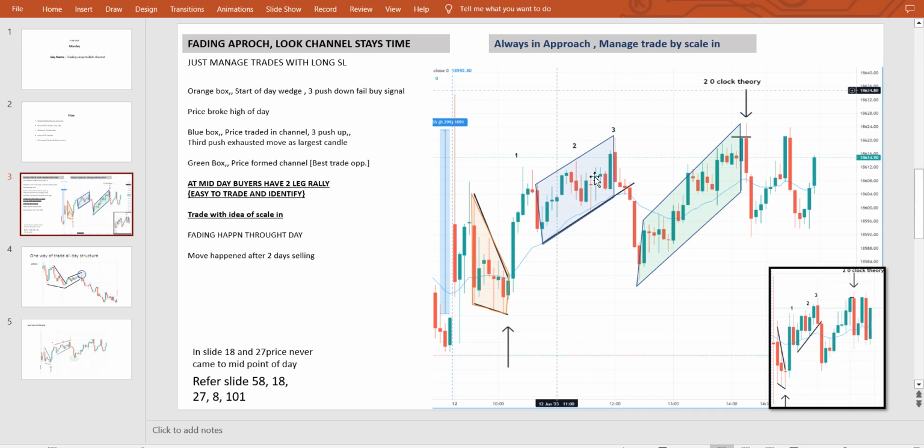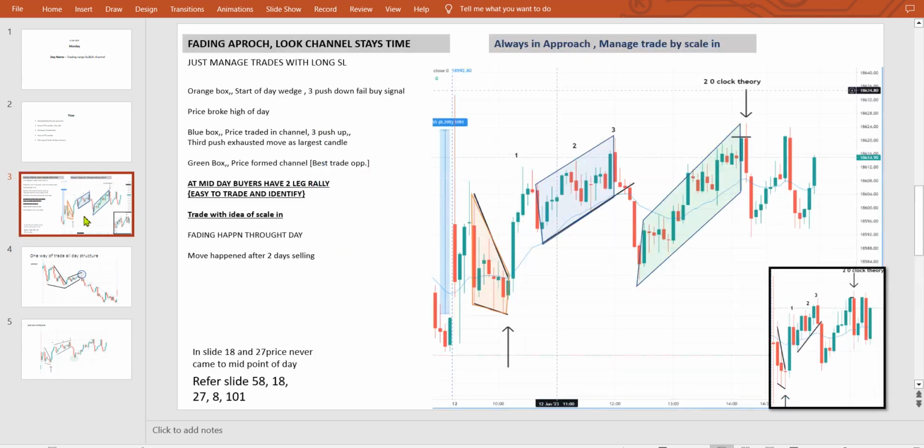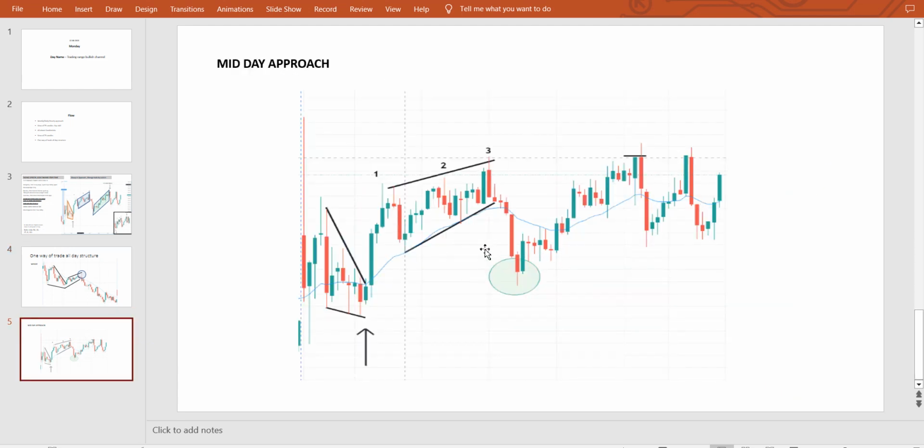Same pullback here is a spike, a red spike, and from the midpoint there is a new bull channel or bearish channel. A bearish channel happened here, and a bull channel happened for the second leg. So the idea can be considered. Here is the same midpoint. Okay, thank you.